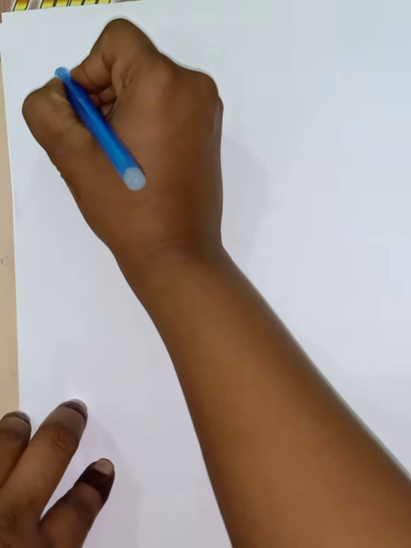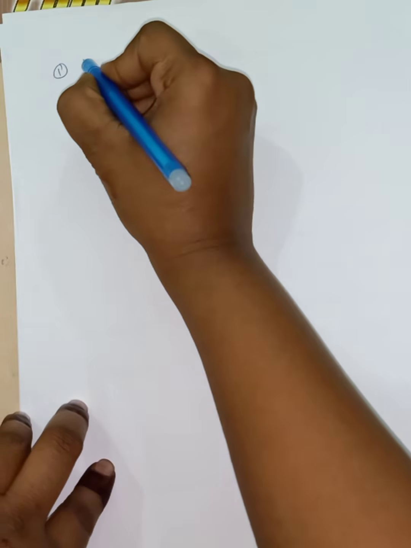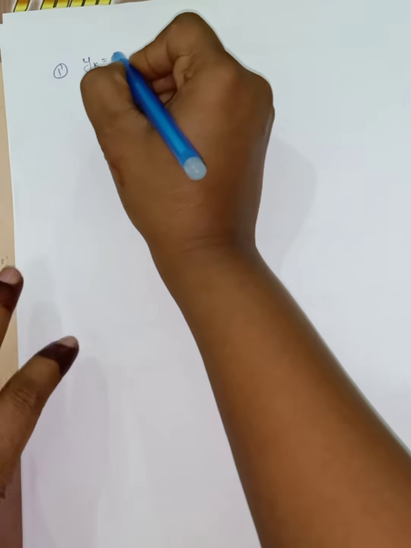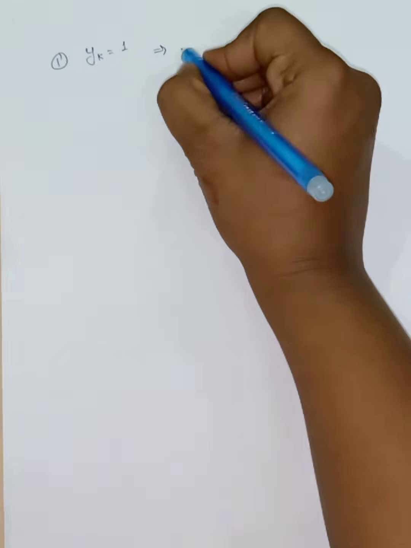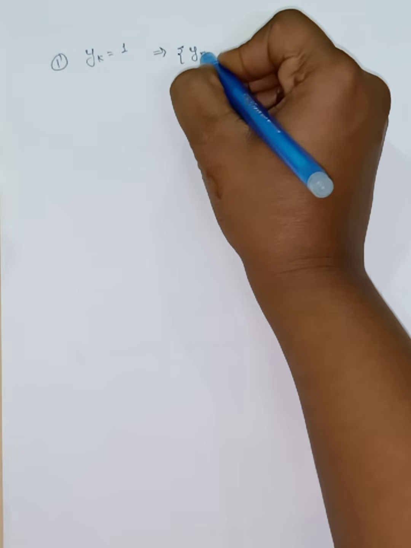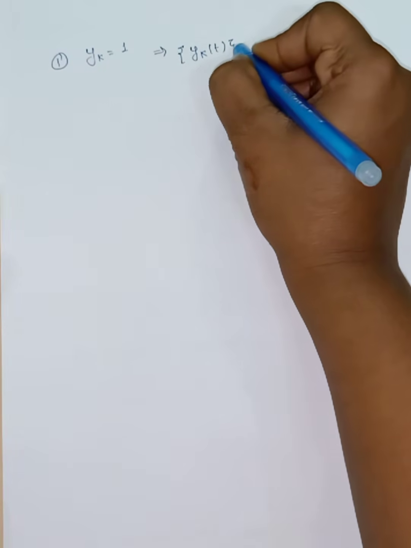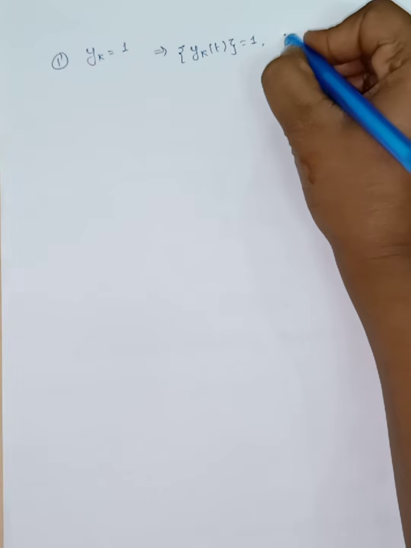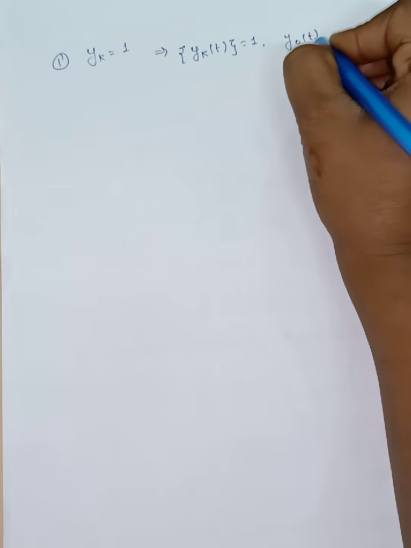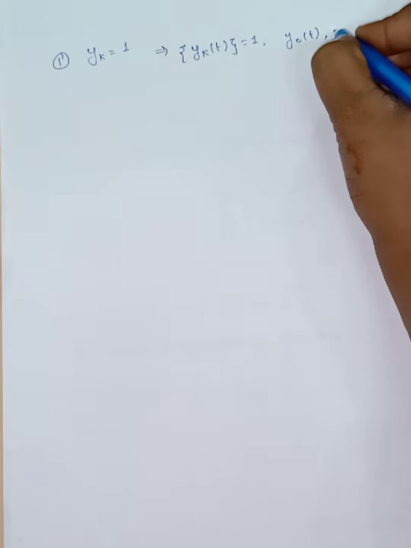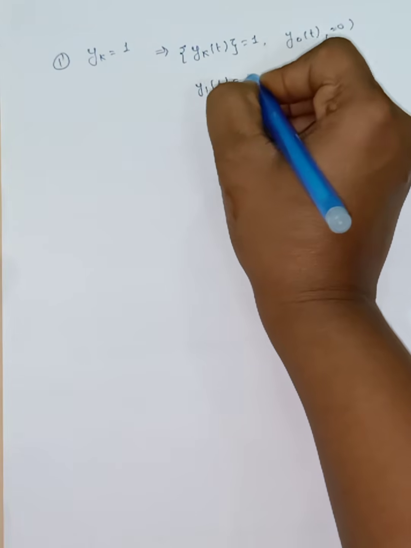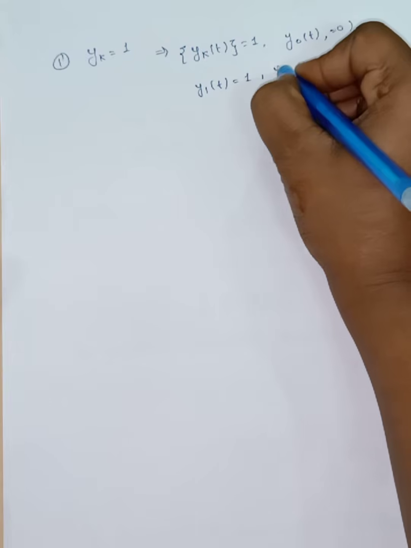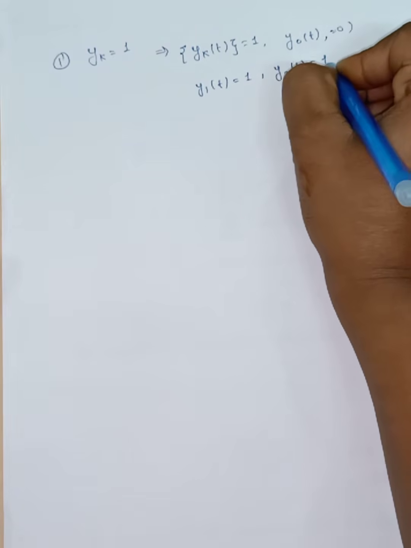So for that we will take yk equals to 1, that is yk of t is equals to 1, y0 of t will be 0 and y1 of t equals to 1, y2 of t equals to 1.